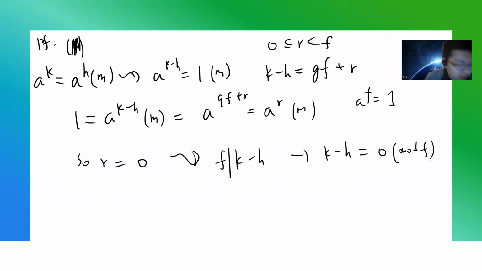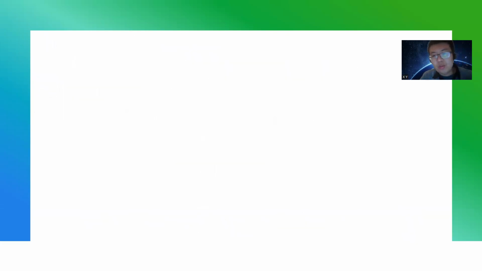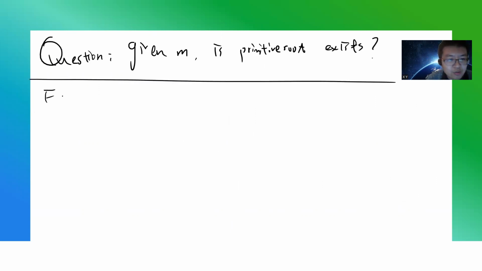Okay, so why is this primitive root interesting? The question is: given M, do primitive roots exist or not? It's not necessarily the case, right? For example, let's check a very simple example.